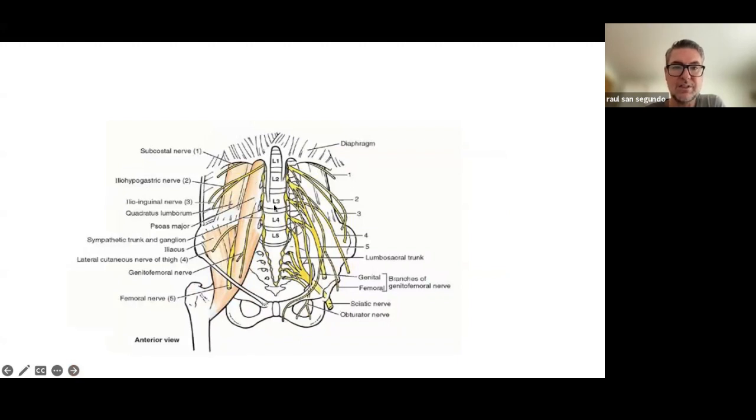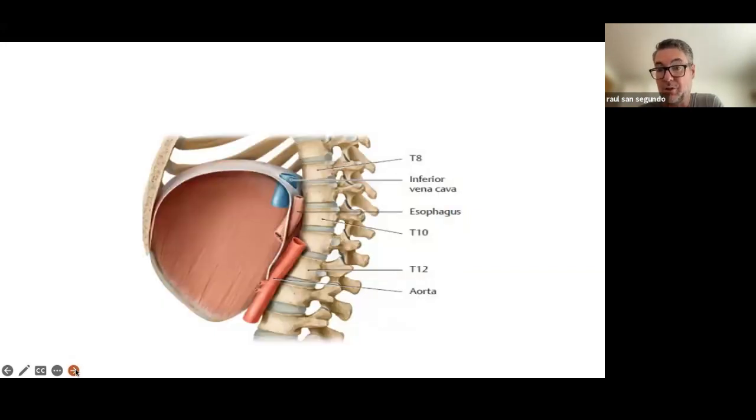We've got connections with all these sympathetic lumbar trunks, and here we've got all these connections that are very important. This is something that you talked about here, Tom.